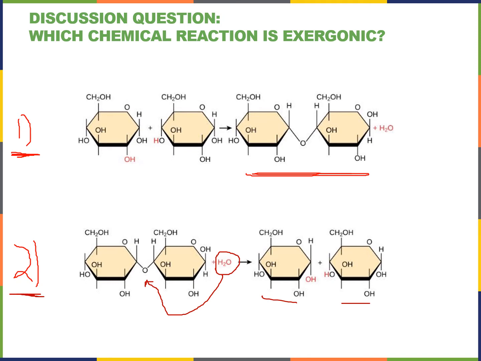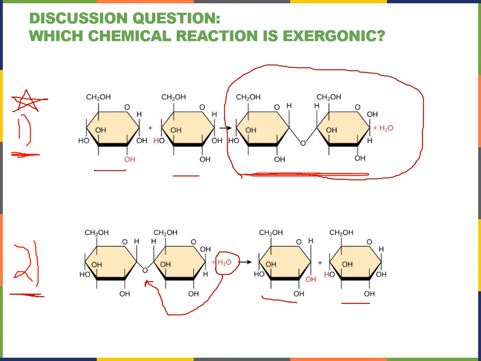If you said reaction 1 is the anabolic reaction, you are correct. You're taking 2 simpler molecules and you're making 1 more complex molecule here. And by default, the hydrolysis reaction is going to be a catabolic reaction. So we're taking this complex molecule and we're simplifying it into 2 simpler molecules.